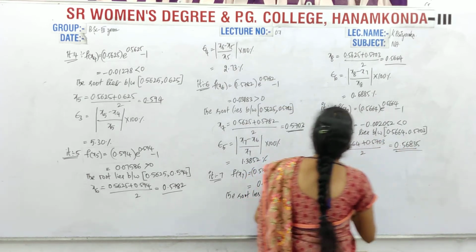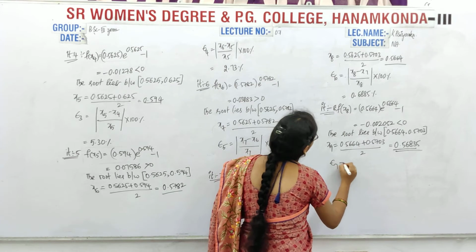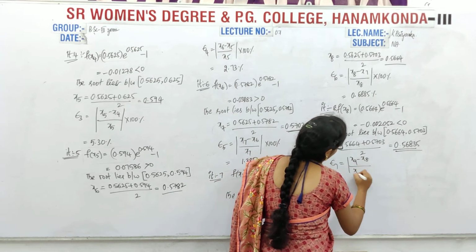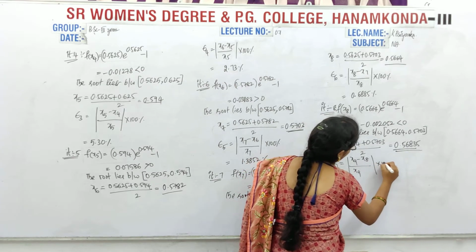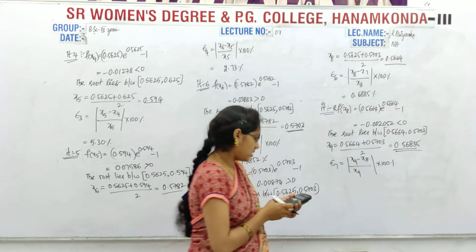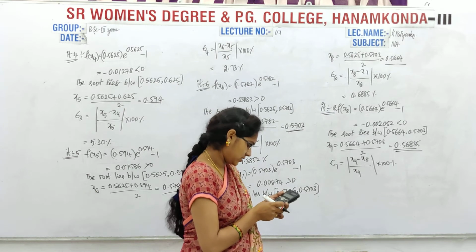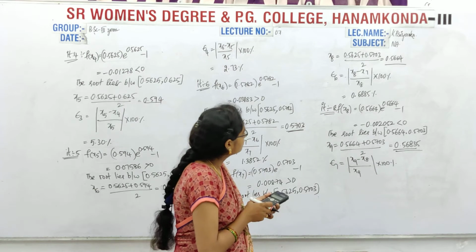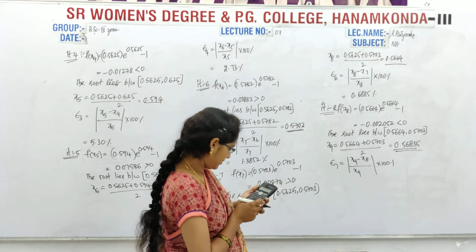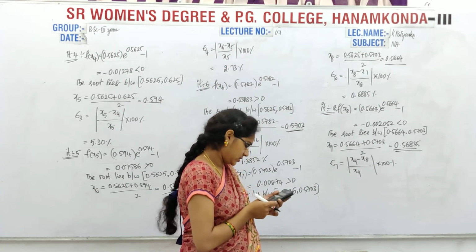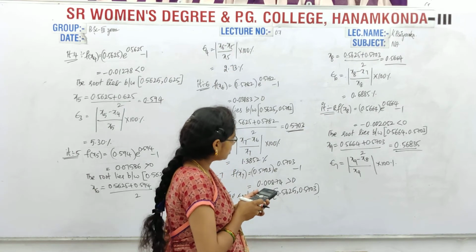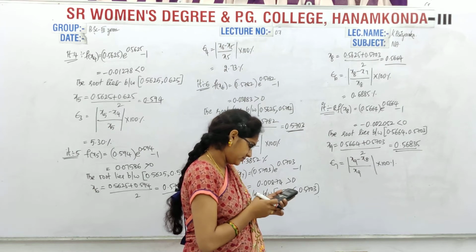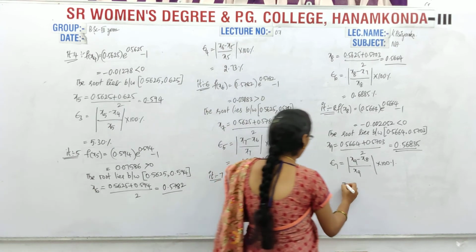Now we have to think about the error epsilon 7 equals (0.56835 minus 0.5664) divided by 0.56835 into 100.